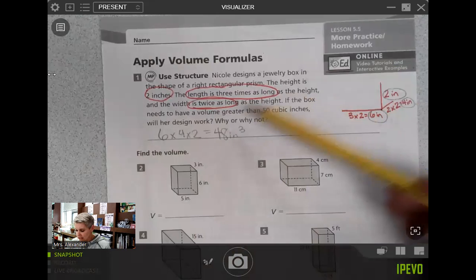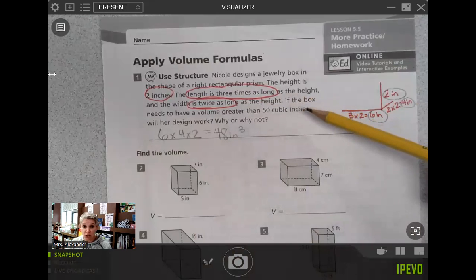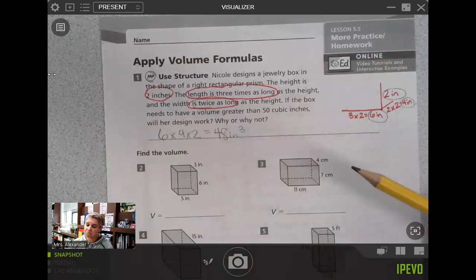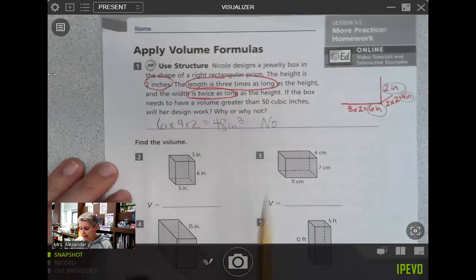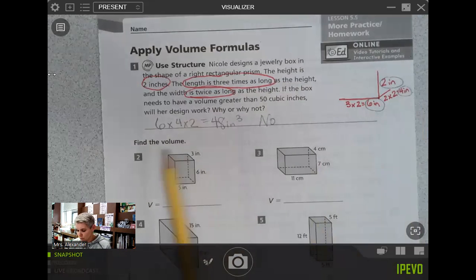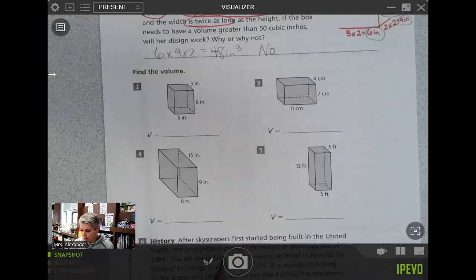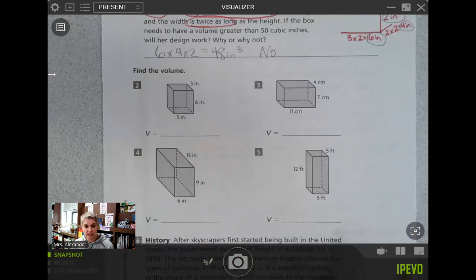If the box needs to have a volume greater than 50 cubic inches, will it work? So we would say no. And it says why or why not? Well, we just explained, if we have that information and we follow our formula, we know that it is not greater.